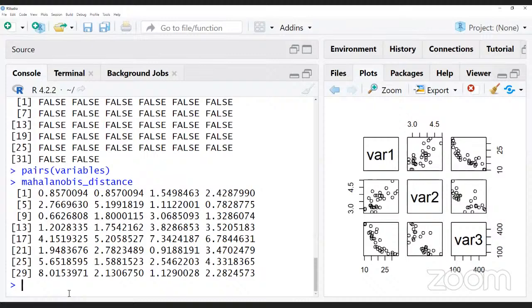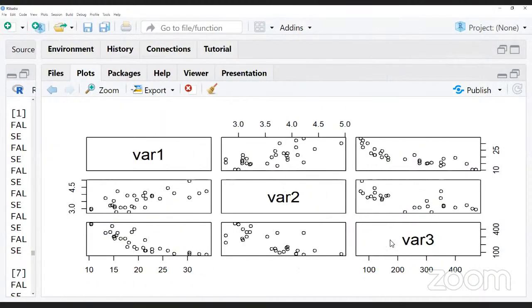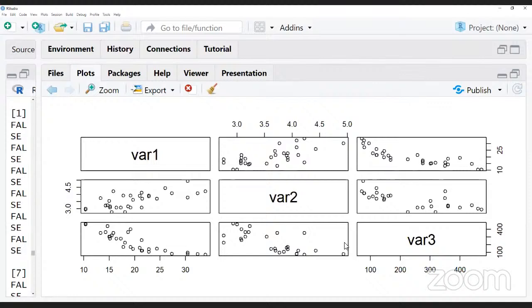So how are we getting, sir, the relation in the graph? It is showing positive correlation or negative correlation. The graph indicates. Now you can find out that the variables, particularly var1 and var3, are negative.